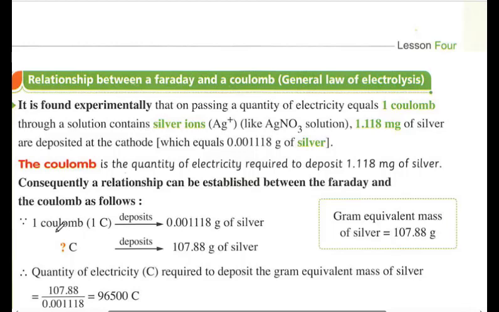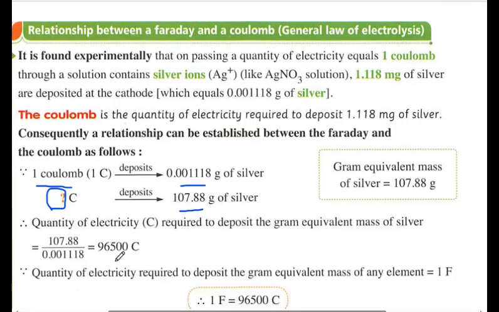So 1 Coulomb by experiment deposits 0.001118 grams of silver. So how much electricity in Coulomb will precipitate 107.88, which is the equivalent mass of silver?